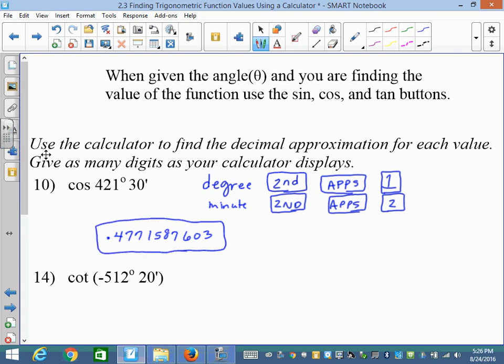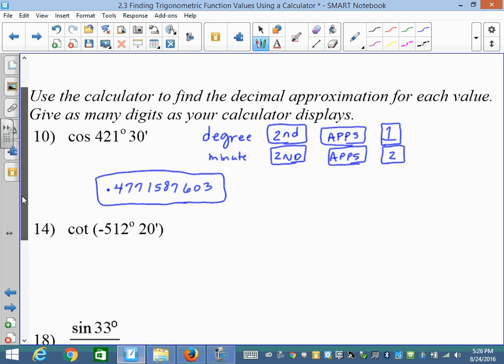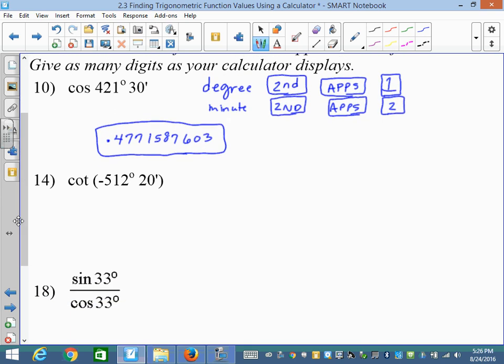Okay, so the second one, cotangent. Now, cotangent is not one of the buttons that we have on our calculator. However, again, if you have the Inspire, it does have cotangent, so you're lucky, you're just going to plug it in. But for cotangent, we go through and note that its reciprocal is tangent.